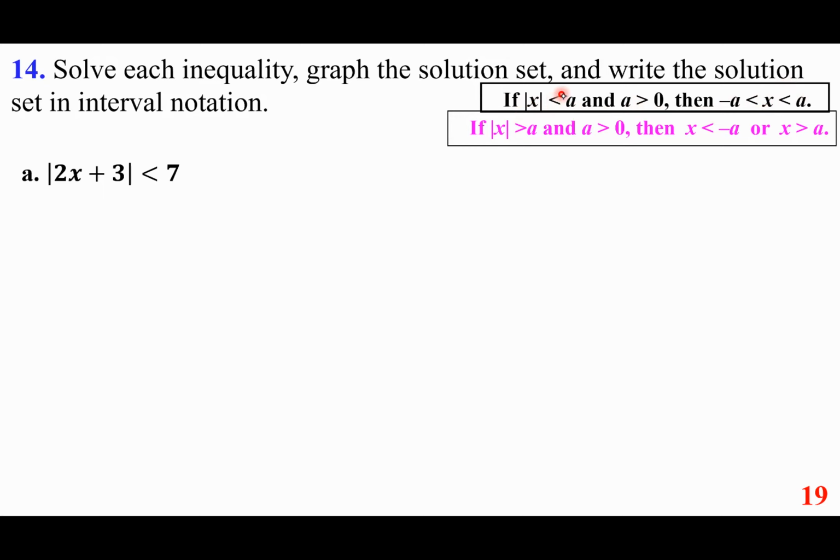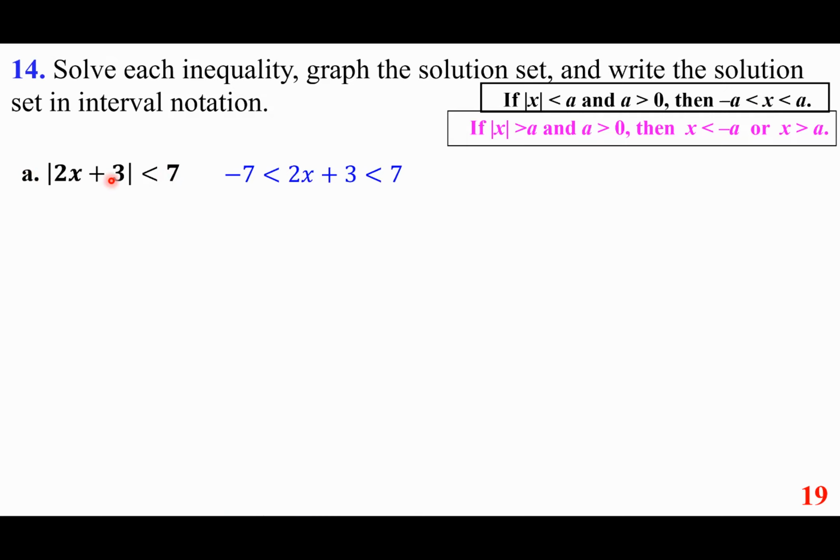I want you to know that. So first and foremost, isolate the absolute value. Whether it's equality or inequality makes no difference. The first step is isolation. It is completely isolated. There is nothing we have to do. So we move on from here to this step, which means we drop the absolute value. Since this number is positive 7, we keep it on this side and we take it also to the other side, make it negative.